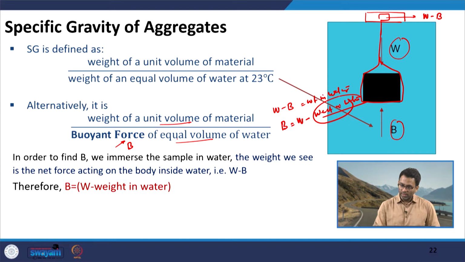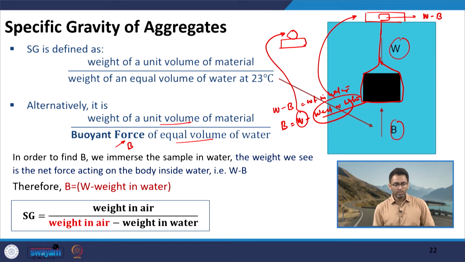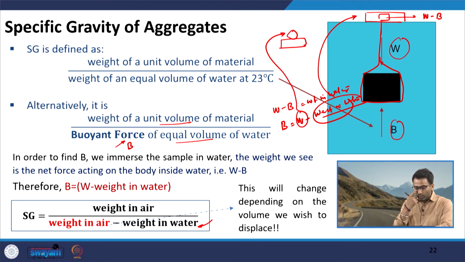This weight in water I have from this display, and this W I have because I have also measured the weight of the aggregate particle in air. Therefore, specific gravity is equal to weight in air divided by the buoyant force, which is weight in air minus weight in water. Now, this weight in air which I have marked in red will depend on the volume I am trying to displace.